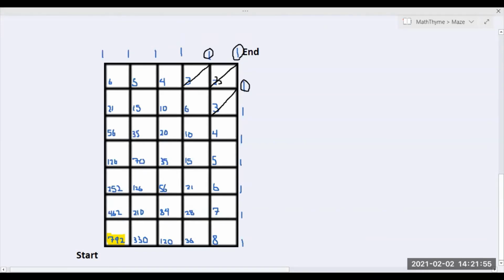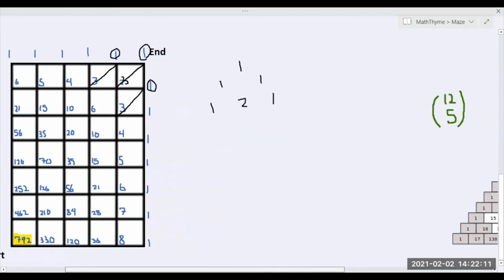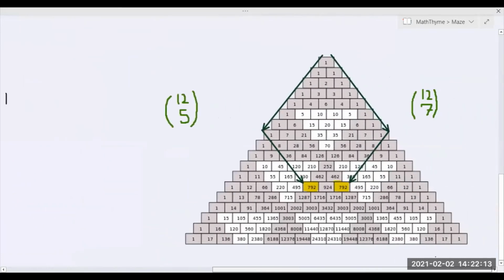The interesting thing about these problems is that if you twist it sideways, it starts to look familiar. You have 1, 1, 1, 1, 2, 1. This is Pascal's triangle. One of the shortcuts we can find here is that our answer is going to be its location on Pascal's triangle.